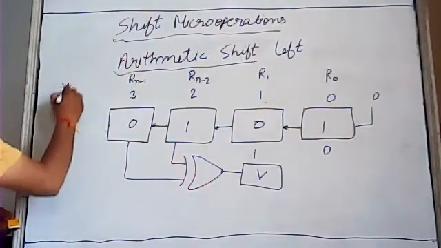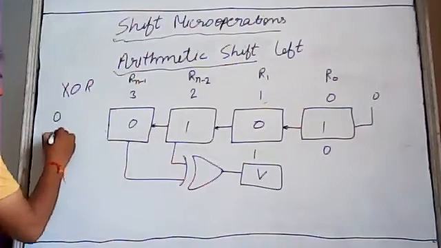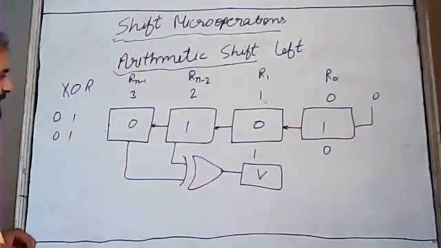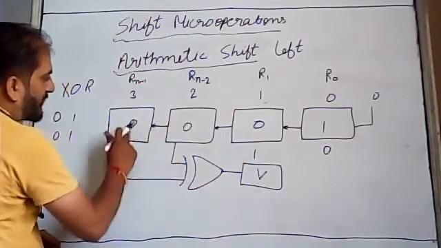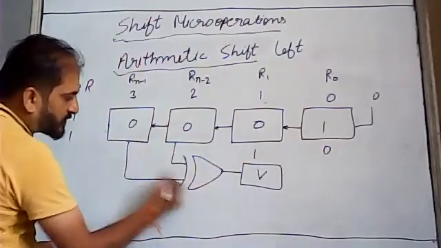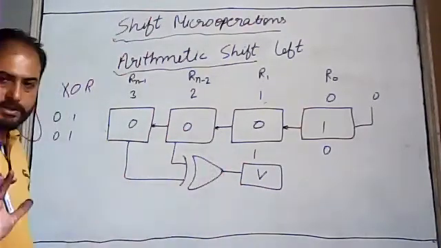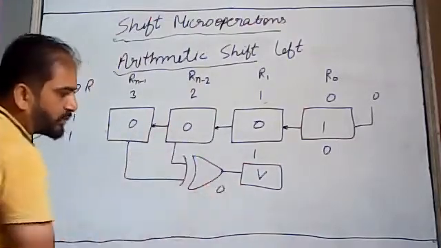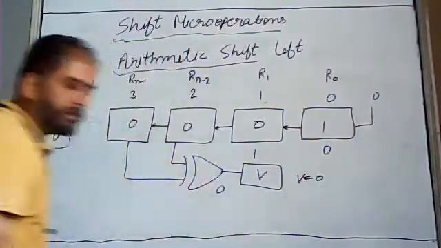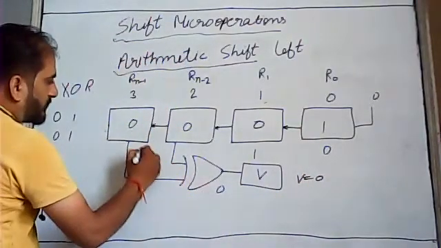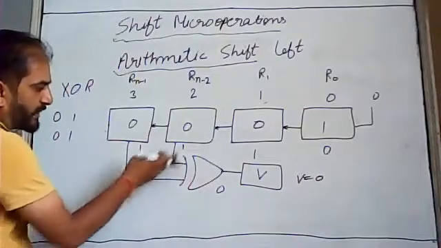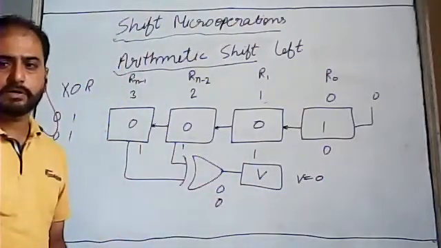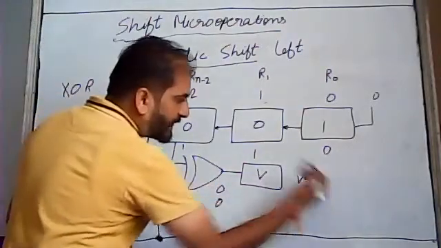The XOR gate: if both inputs are the same, for example if this one is 0 and this is also 0, the output will be false. So if both are 0, the output is 0, and V flip flop is equal to 0. If these are 1, 1, the inputs to the XOR gate are 1, 1, and the output is also 0, false, and the V flip flop is again 0.